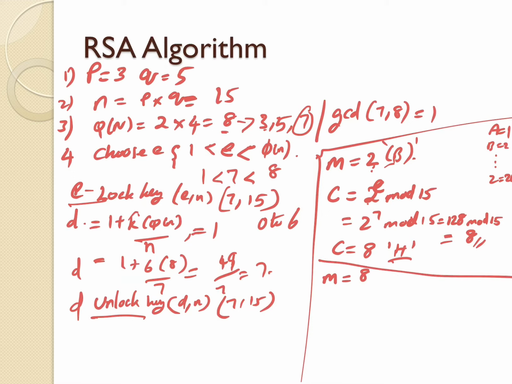This is encryption, and now we are seeing the decryption. So 8 to the power of 7 mod 15 gives a value like 2.